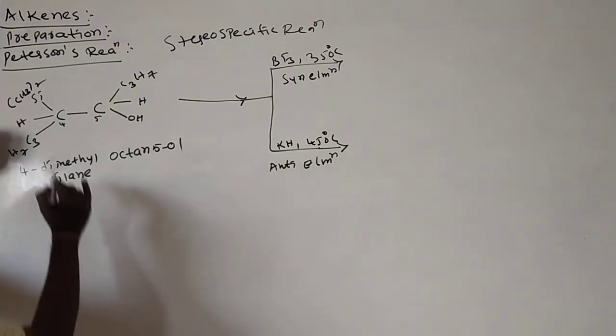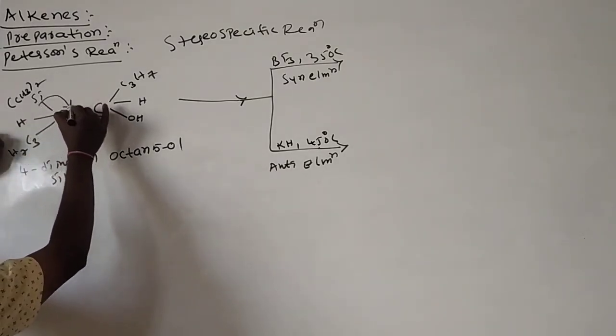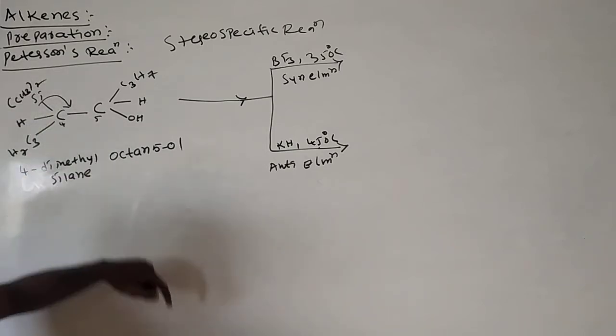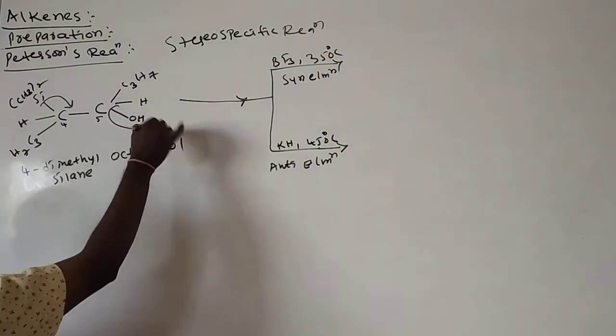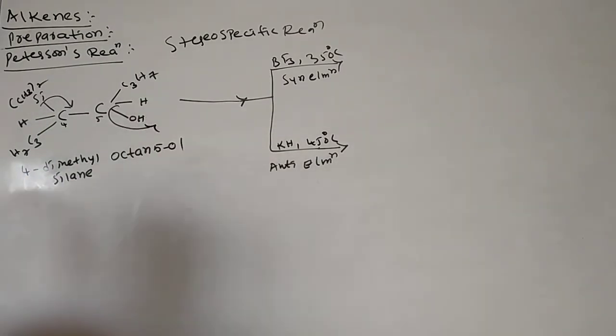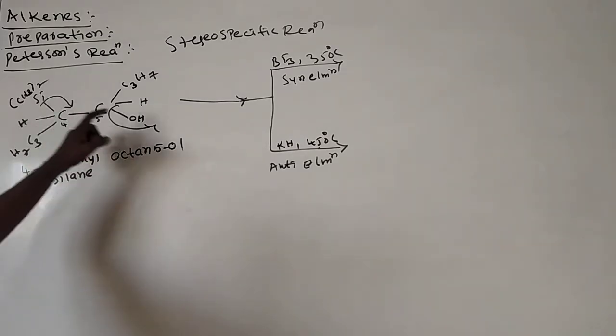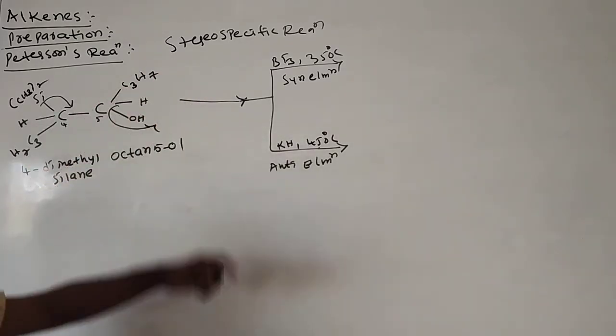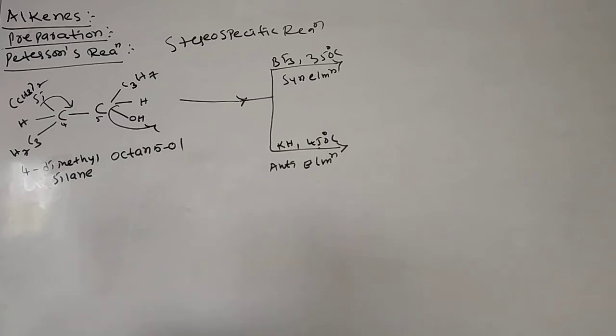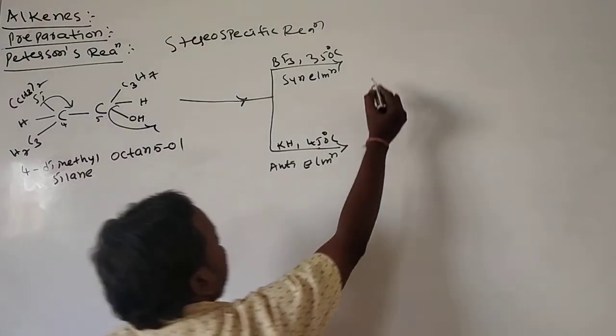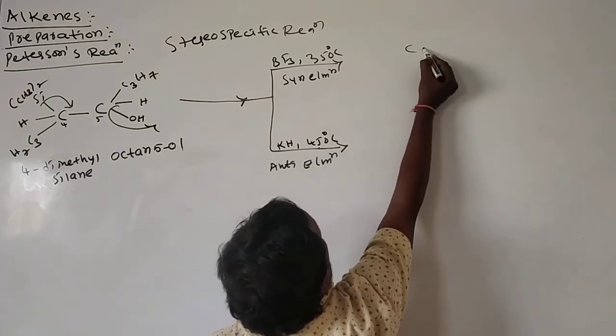What happens here? This electron is transferred here, this electron transferred here, and OH is removed from the molecule. If both are removed from the same side, we call it syn elimination, and we get the Z isomer.